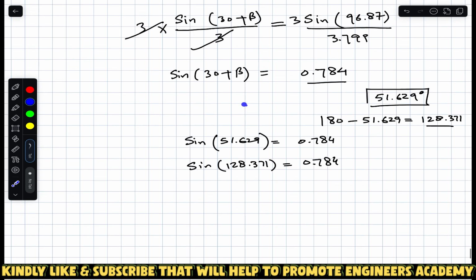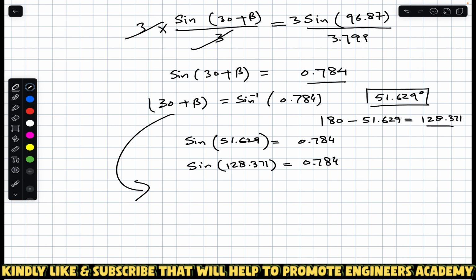So from this discussion we can say that 30 plus beta is equal to sine inverse of 0.784, which is equal to this or this.